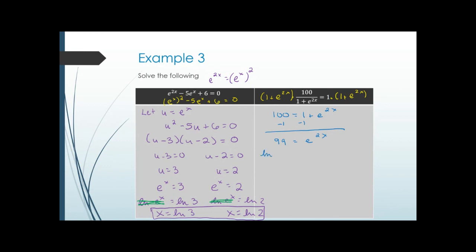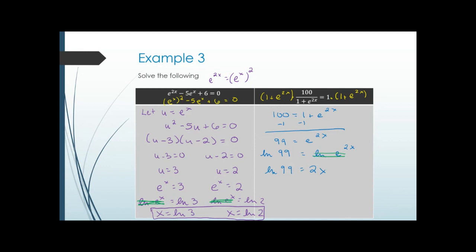So I'm going to take the natural log of 99, and that is equal to the natural log of e to the 2x. So the natural log of e, that's 1, so that part cancels, and I'm left with 2x on the right. So I have the natural log of 99 equals 2x.